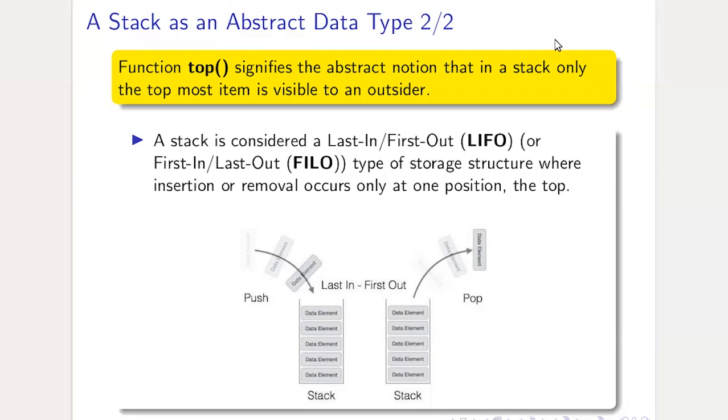Now, it could be named as first in last out also, or FILO, but the more common term that we use to characterize a stack is last in first out or LIFO.